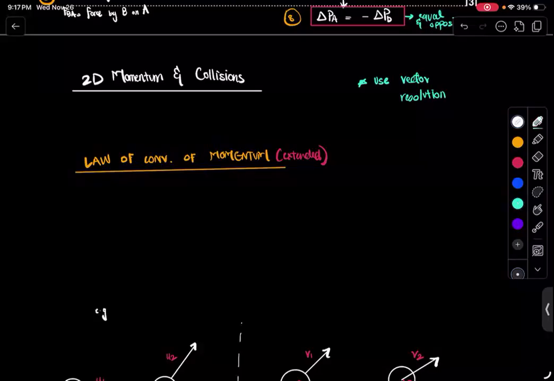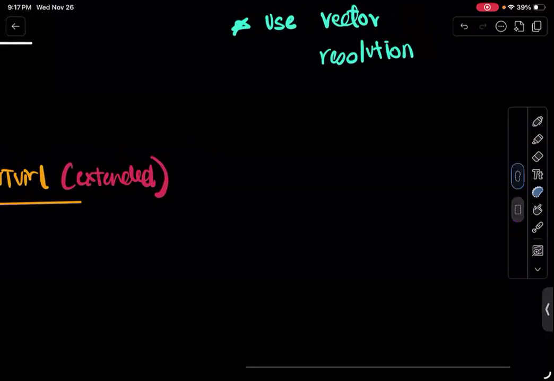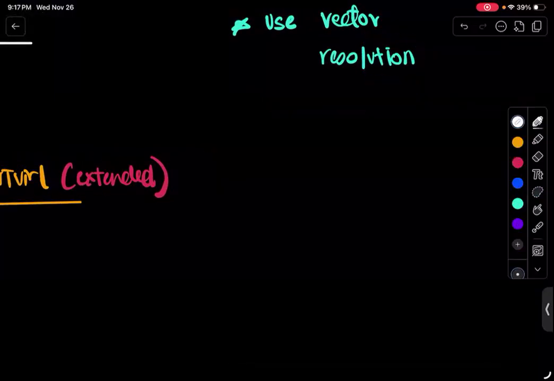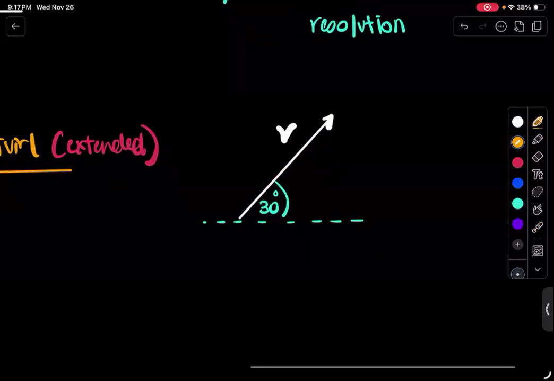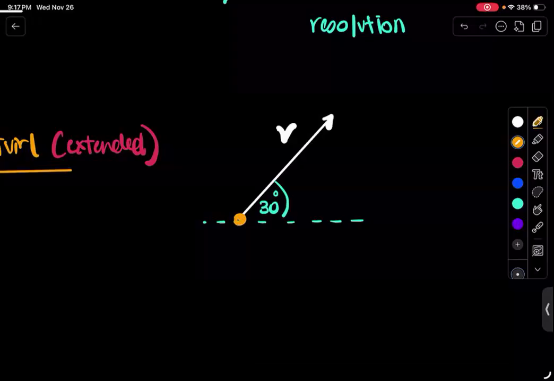Just for a recap about vector resolution, if you remember, for example, I have a velocity at an angle of 30 degrees, okay? It's moving at a velocity v, but at an angle. Let's say this is a ball. This means the ball is going a little bit to the right and a little bit upwards.